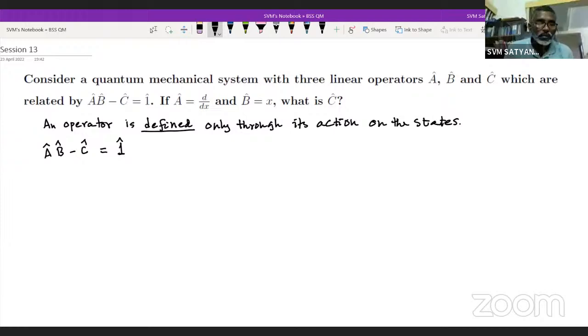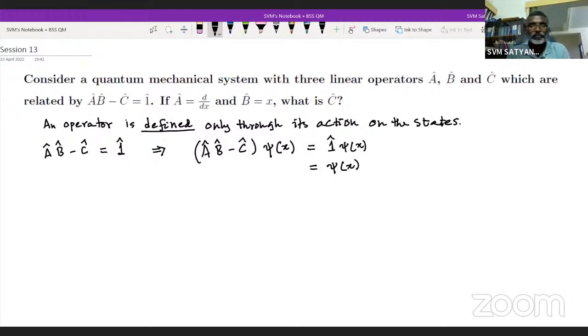This equation implies that AB minus C acting on any arbitrary function psi of x gives identity operating on psi of x. What is identity operating on psi of x? Psi of x itself. Identity does not change the state. So without this function, this operator equation does not make sense. This is something you have to keep in mind always.